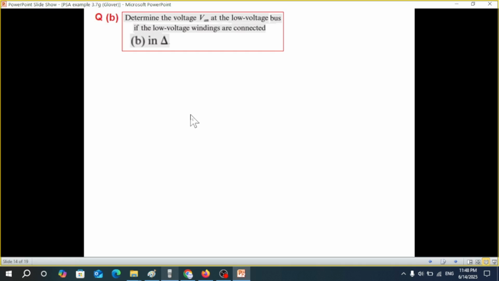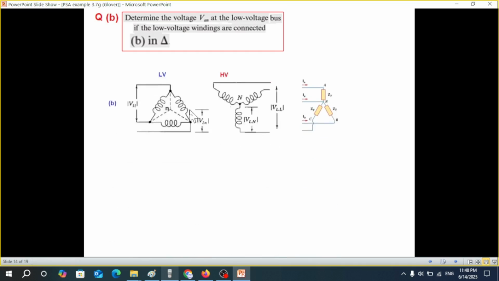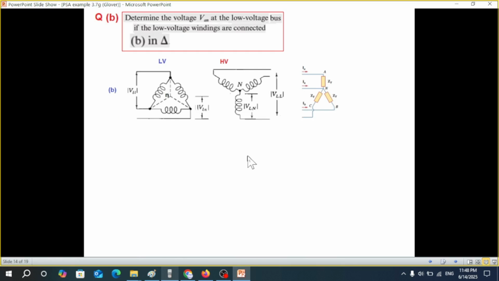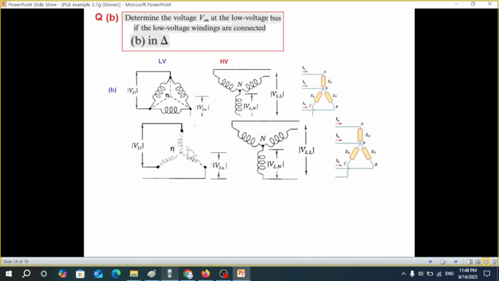Now going on to the second part, our circuit will be this one. Now to connect phase by phase, we have to convert delta into Y. Converted delta into Y. And now we can take one phase from here and one phase from here and use this circuit.